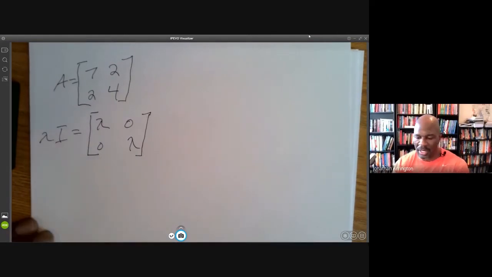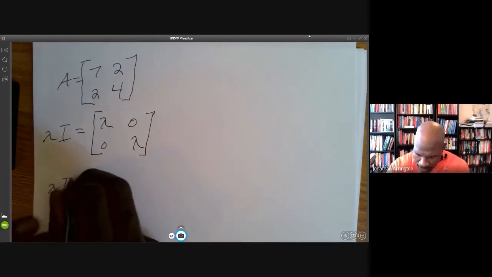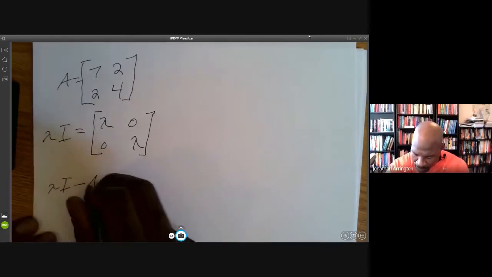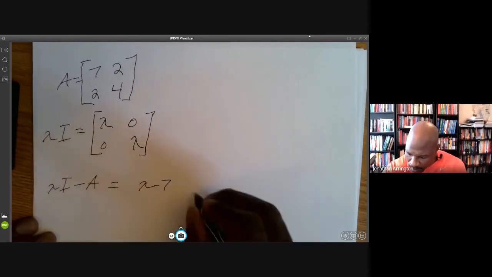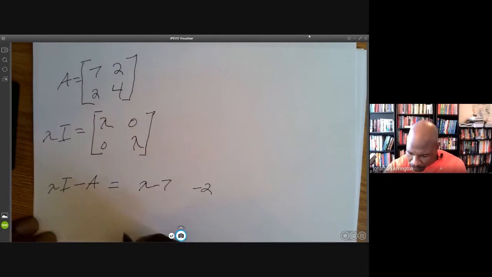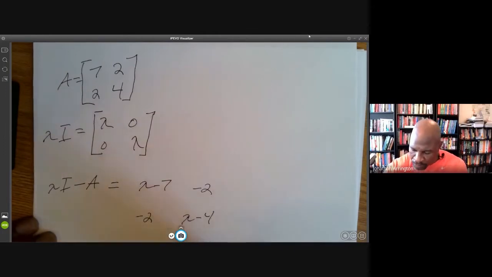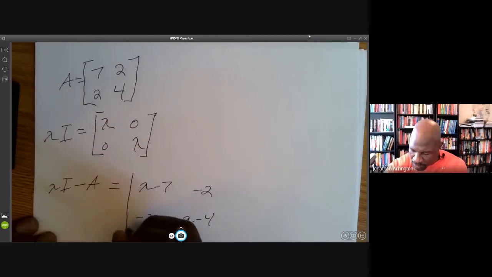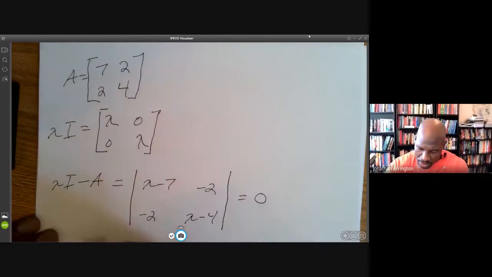So let's calculate lambda I minus A. It is lambda minus 7, minus 2, minus 2, lambda minus 4. And we're going to take the determinant of this and set it equal to 0.